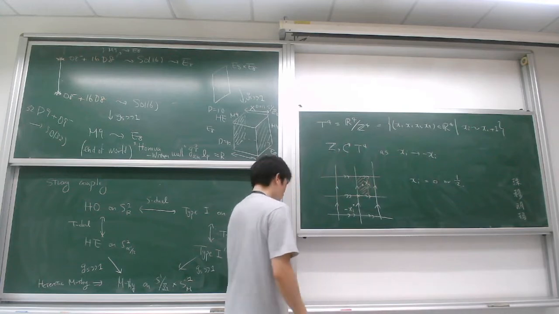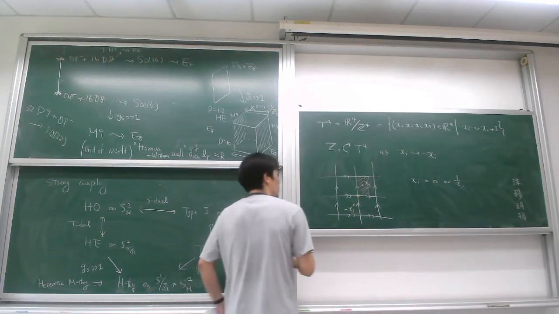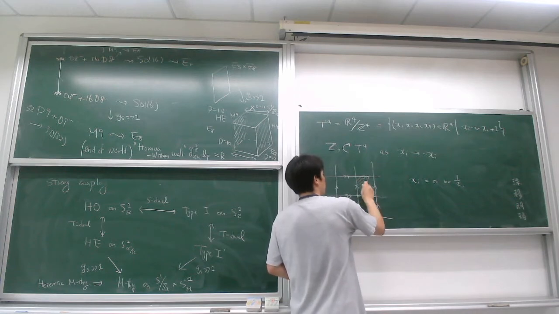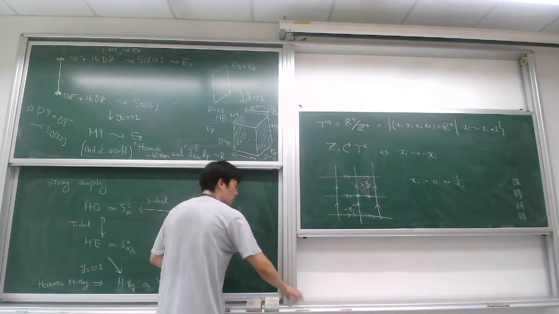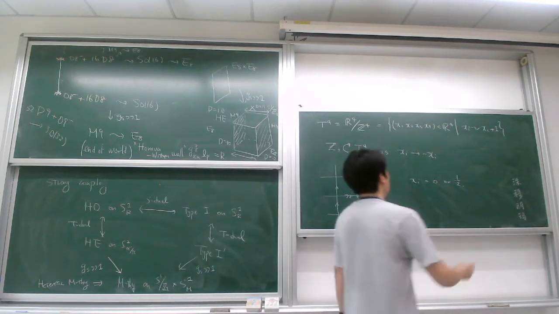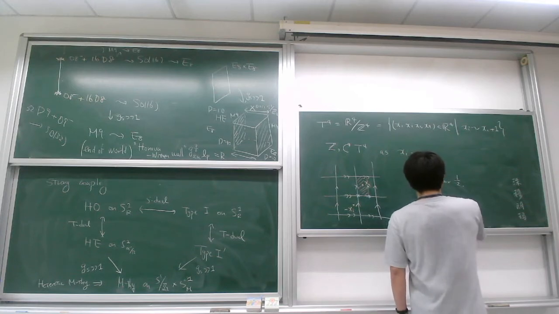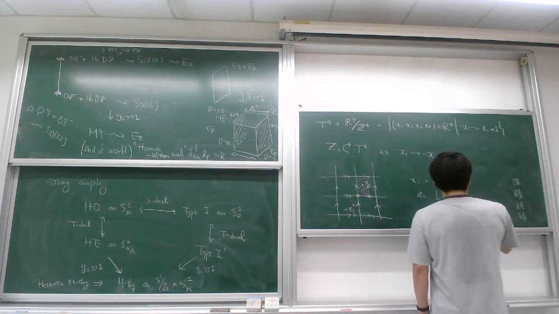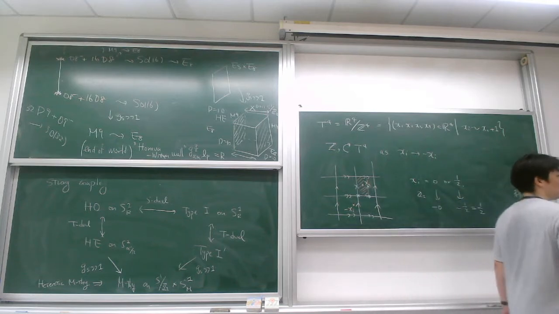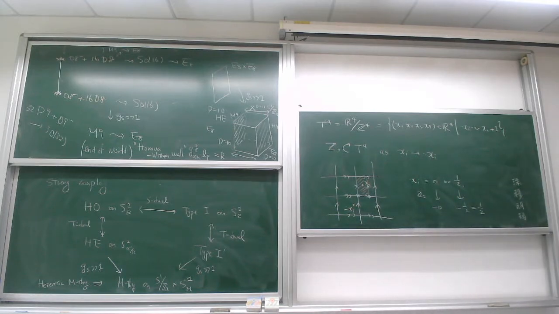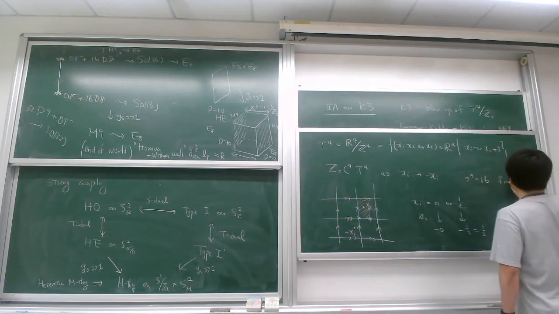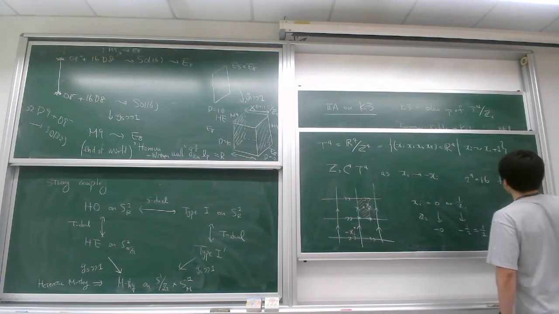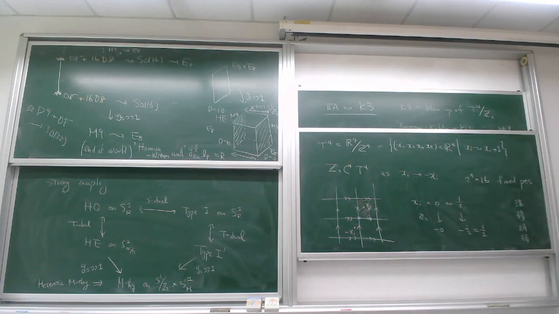So 0 goes to minus 0 under Z2, and 1/2 goes to minus 1/2, which is the same as 1/2, therefore it's fixed. There are 4 coordinates, so at the end of the day, T4 has 2 to the 4, which is 16, fixed points.